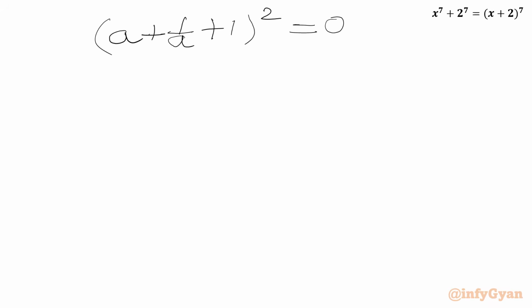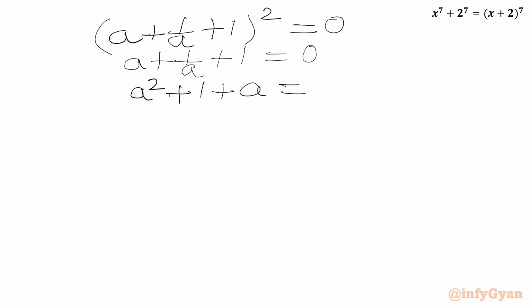So from here I can write a plus 1 over a plus 1 equal to 0. Now I can multiply our equation by a on both sides. So we'll get a square plus 1 plus a equal to 0. Or I can write a square plus a plus 1 equal to 0.